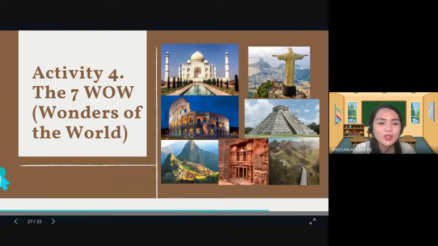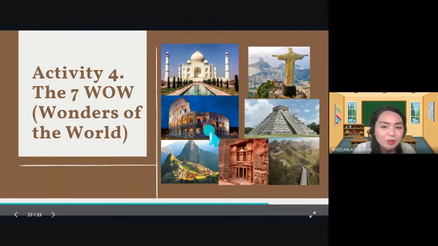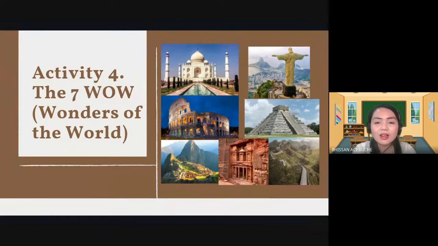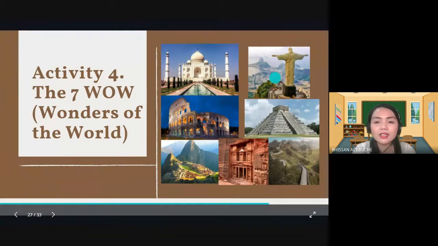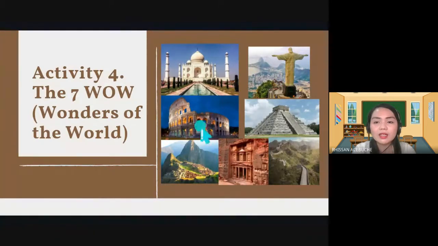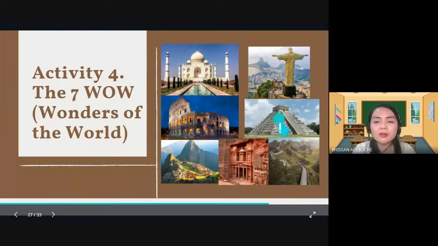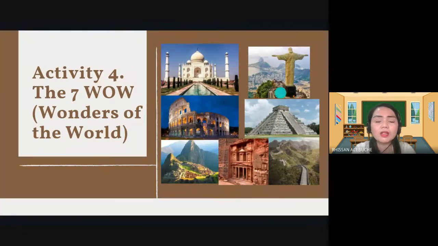So very good. You know some of the 7 wonders of the world. The others are Machu Picchu, Christ the Redeemer, right? And then Chichen Itza, right? We have Petra here and the Great Wall of China. Now, these are all wonders of the world, right?